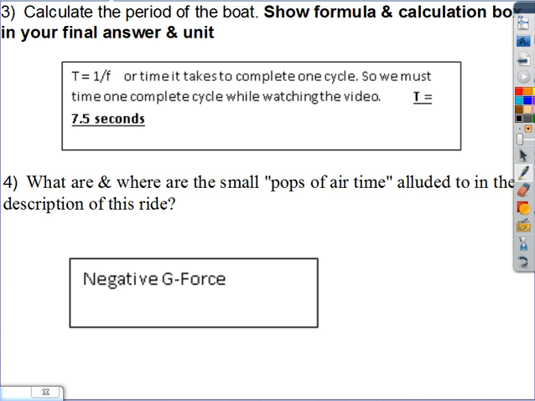Alright, calculate the period of the boat. Show the formula and show your calculation. So period equals 1 over frequency, or it's the time it takes to complete one cycle.